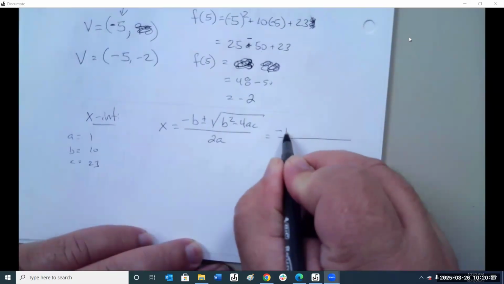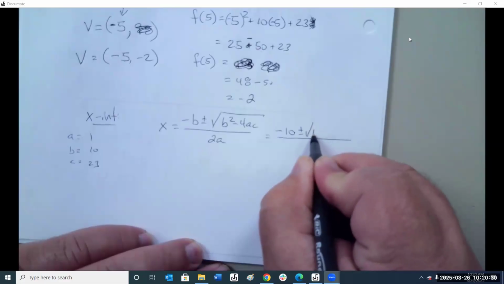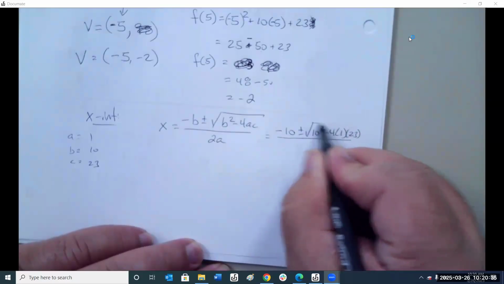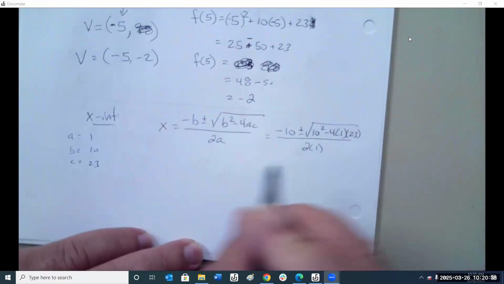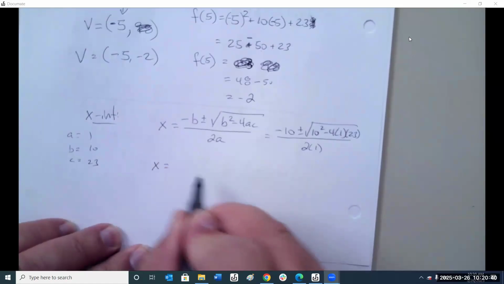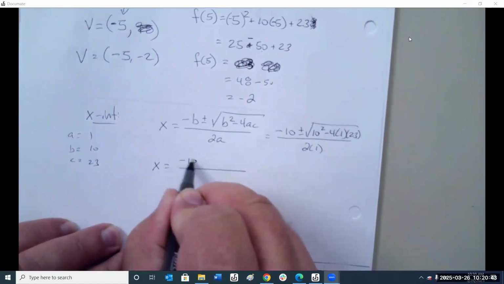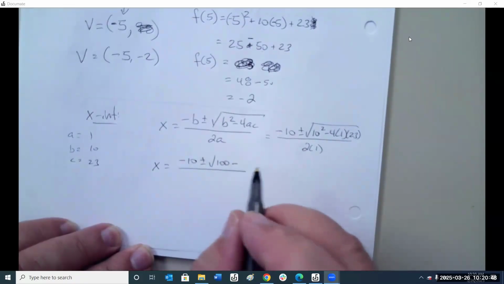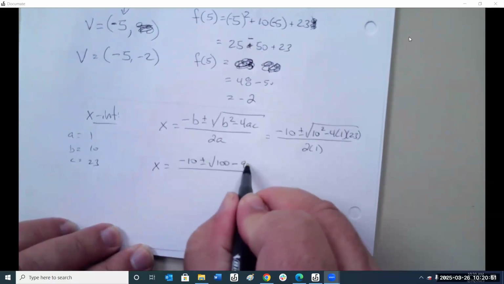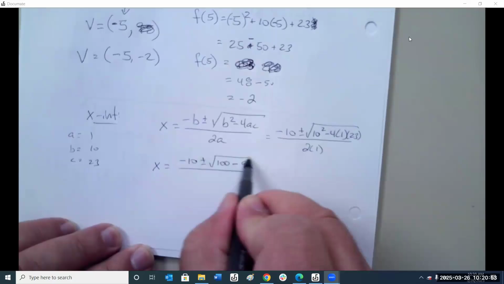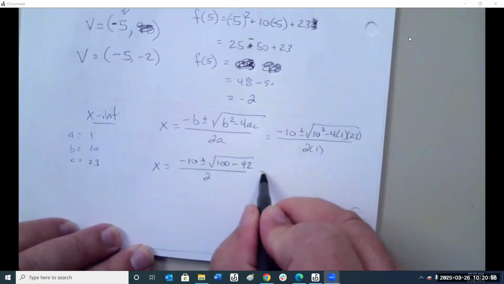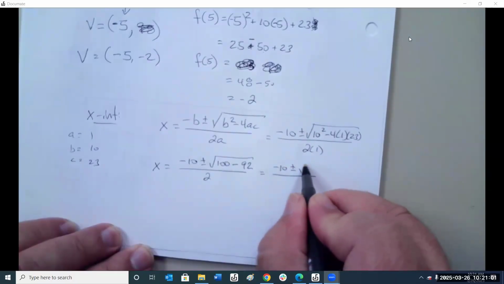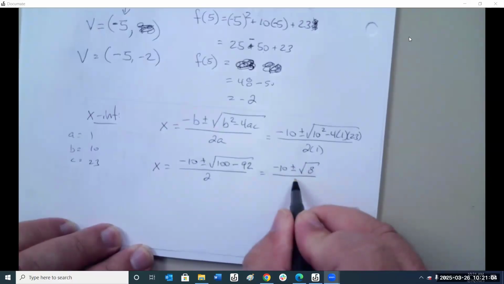So we have -10 plus or minus the square root of 10 squared minus 4 times 1 times 23, over 2 times 1. -10 plus or minus the square root of 100 minus 92. -10 plus or minus square root of 8 over 2.